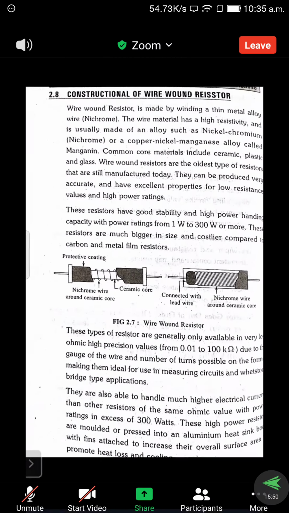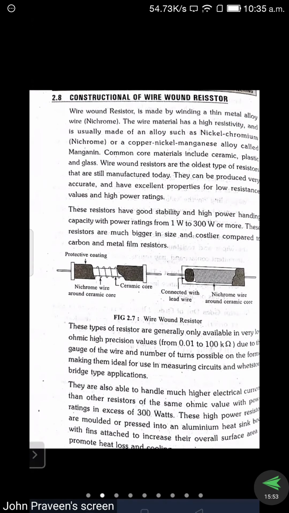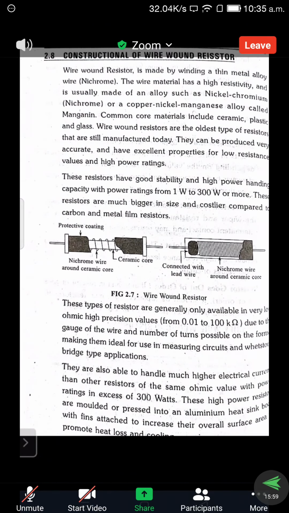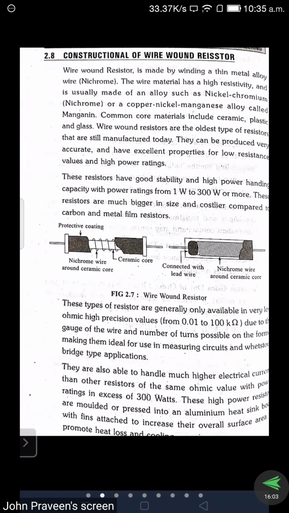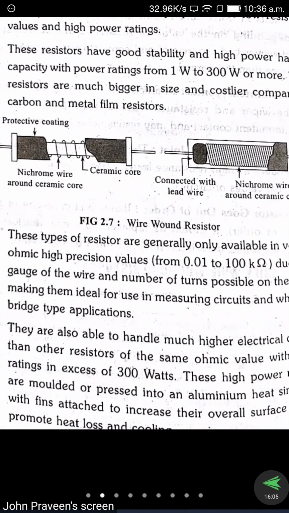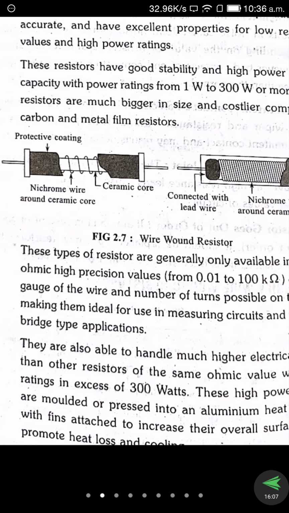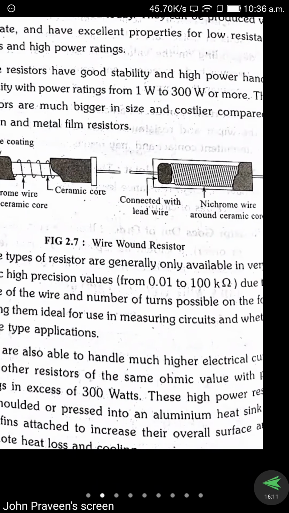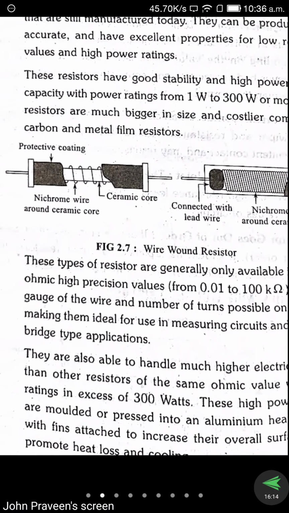But a carbon composition resistor, meaning fixed resistors, is only available up to 2 watts, maximum 50 watts, up to 100 watts. But in the case of the wire wound resistor, the power range can be up to 1000 watts. That is a major advantage of the wire wound resistor.